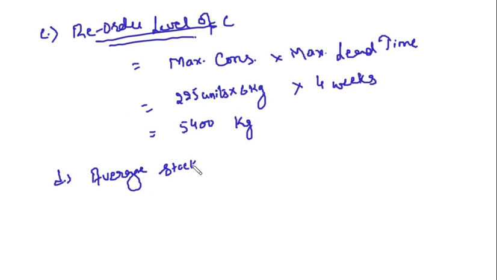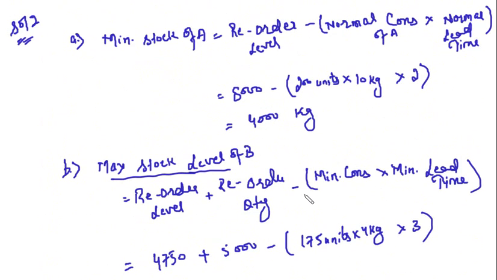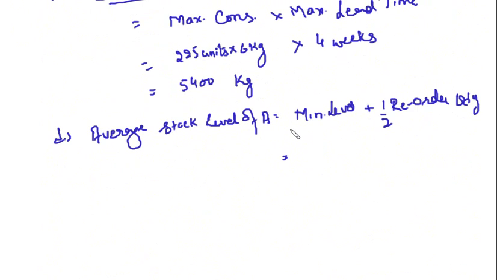Average stock level of A is equal to minimum level plus half of reorder quantity. Remember, not level, reorder quantity. What is the minimum level that we have calculated? 4000 kg.